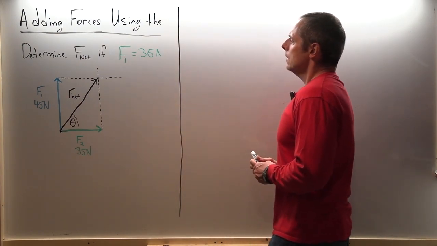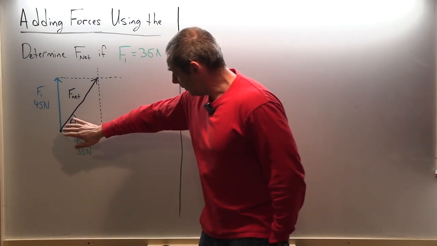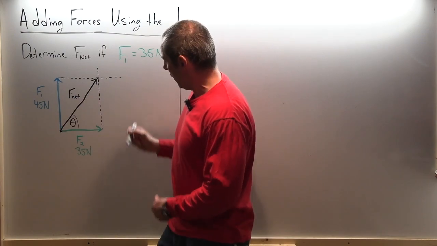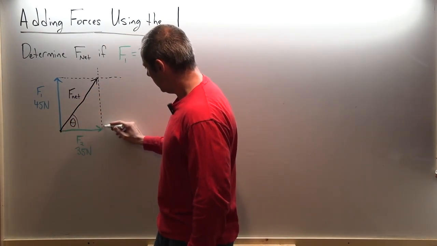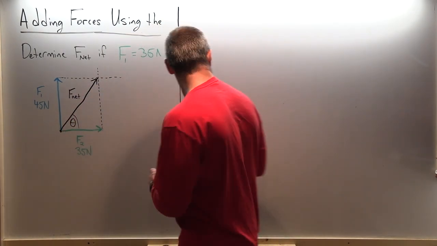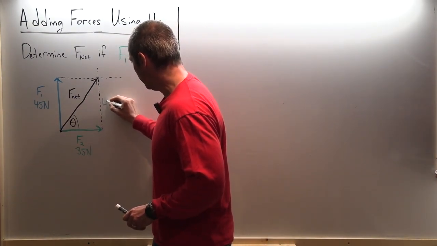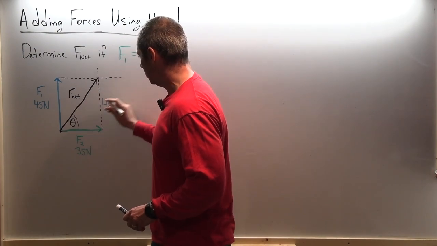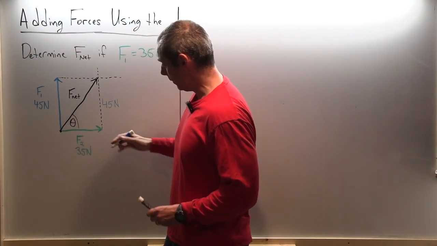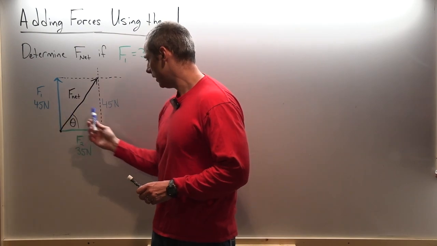Okay. So to find this net force, you can see we have a right triangle here, 35 newtons here, and 45 newtons on this side, because it's a rectangle, the two opposite sides are the same size.